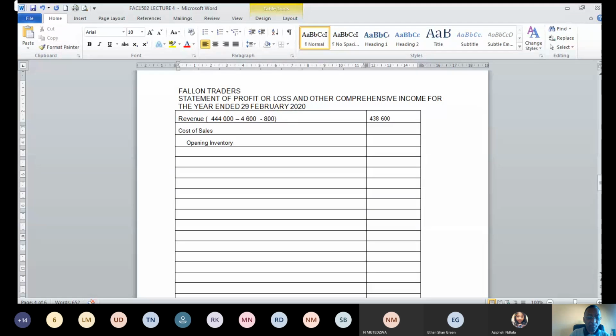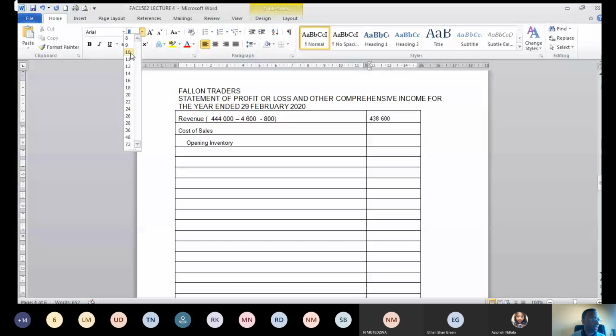And your opening inventory is the value of your inventory on the first day of the financial year. And the value of inventory on the first day of the financial year was 55,000 Rand.